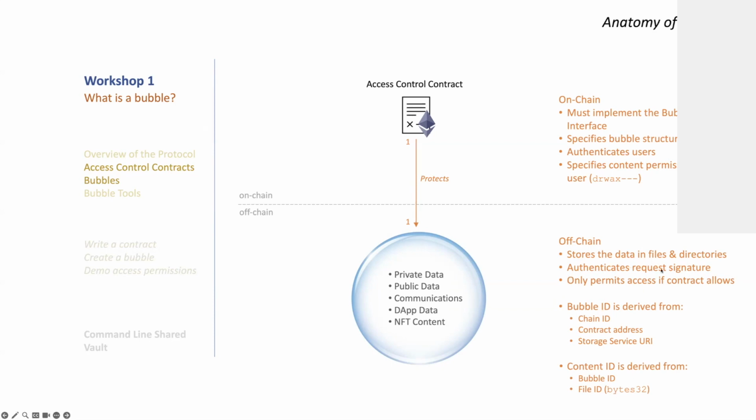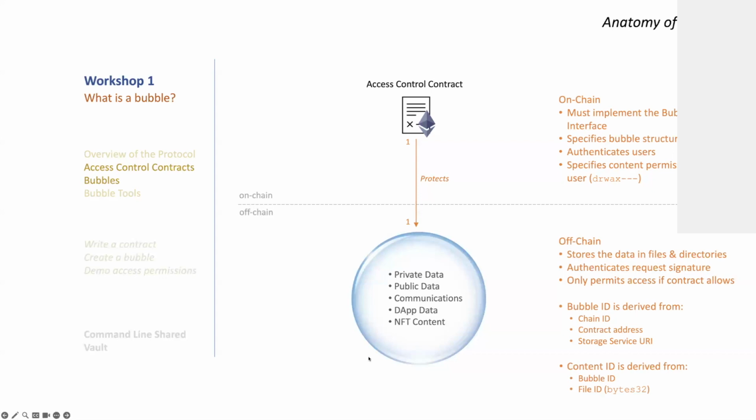So it stores the data in files and directories. It authenticates any requests based on the signature of the requester. And it only allows access to the bubble if the contract allows it.